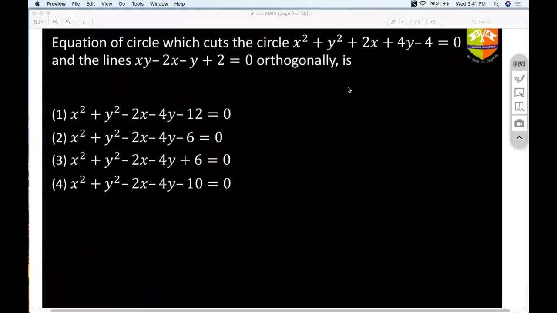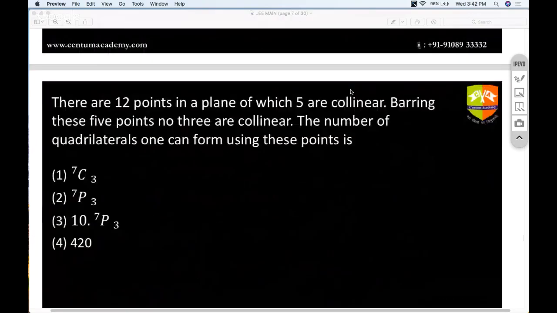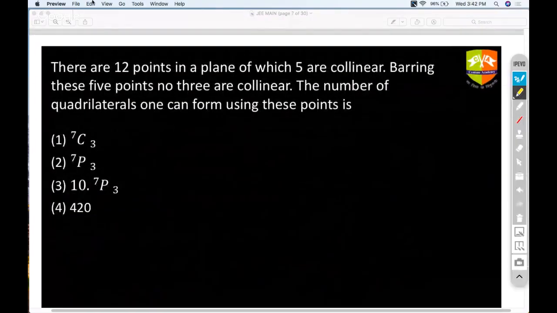All right, let's move on now to the seventh question for the day. Seventh question says there are 12 points in a plane of which 5 are collinear. So 5 of them are collinear. Barring these 5, no 3 are collinear.